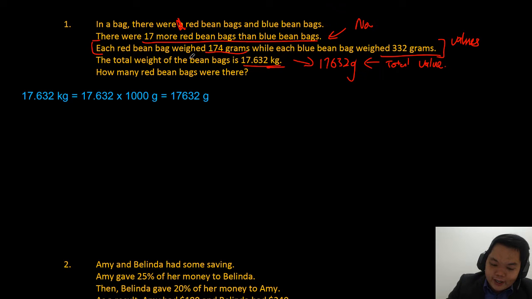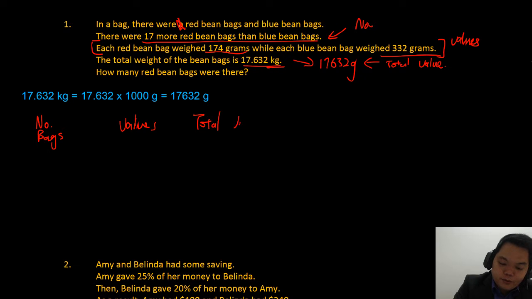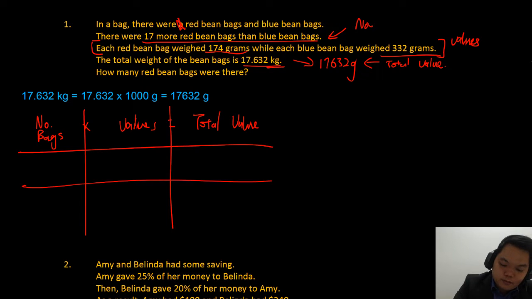Once you've identified and broken down what your elements are, we can proceed this way. You have the number of bags, the values of your bags, and the total value of the bags. So there's red and there's blue.